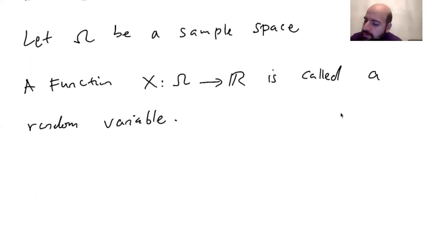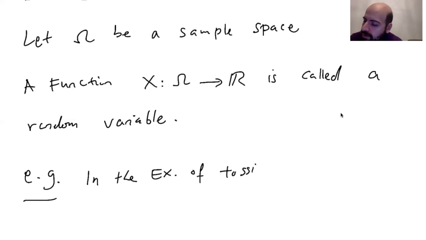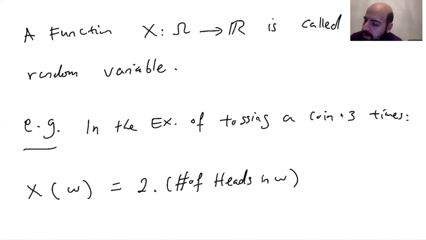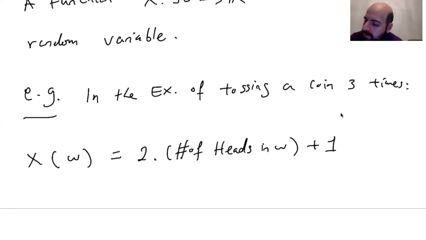Okay, so for example, in the example of tossing a coin 3 times, we can say capital X of omega is equal to 2 times the number of heads in omega plus 1, for any omega in omega.